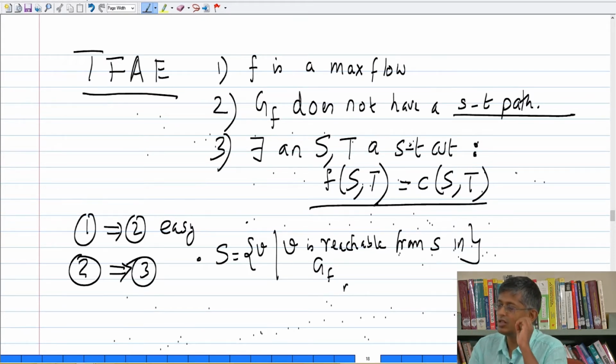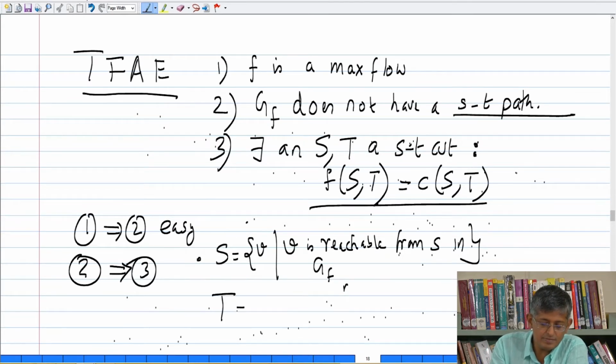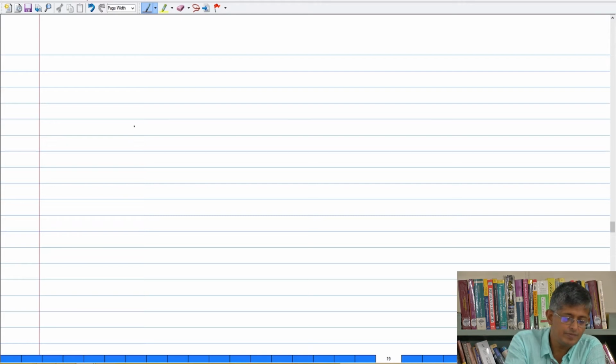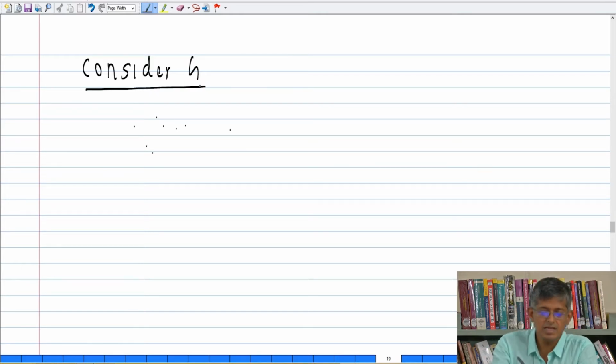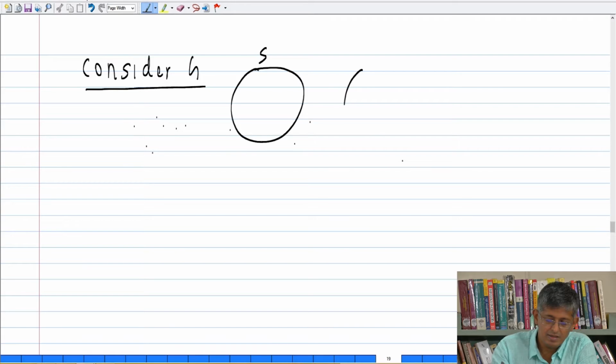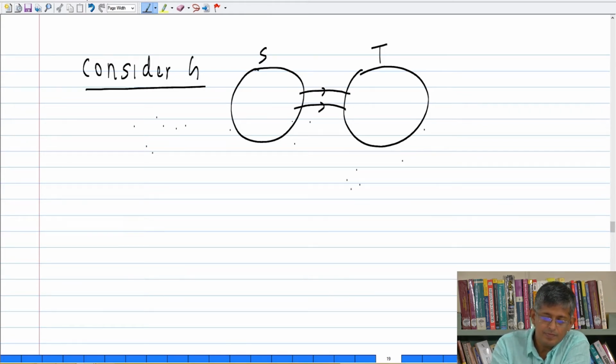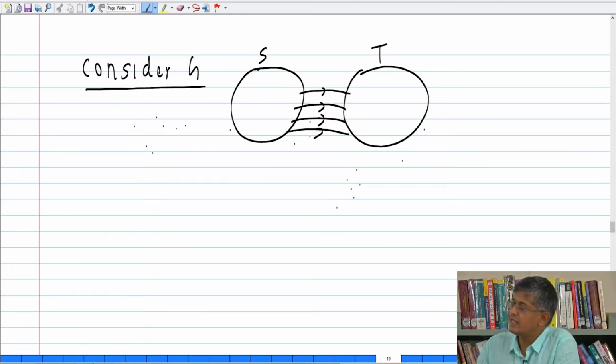So you take this residual network, take all the vertices which are reachable from S in GF, and T is equal to V minus S. Now let's go to G. Consider G, consider S and consider T. In G, these were the edges which were present.